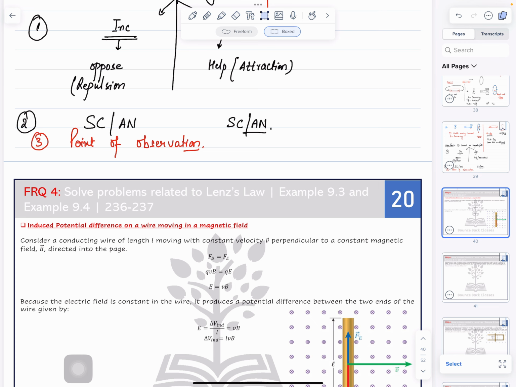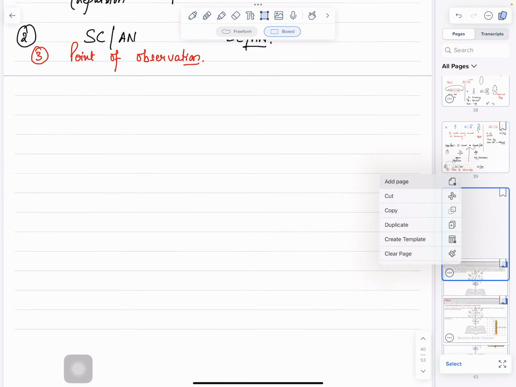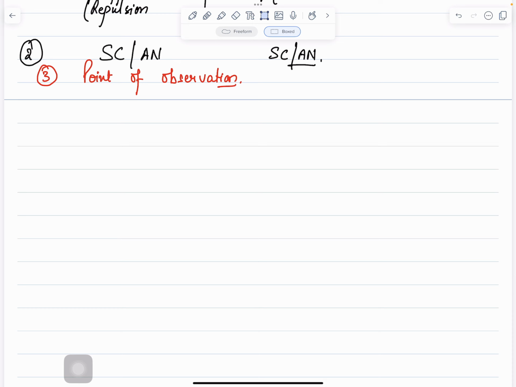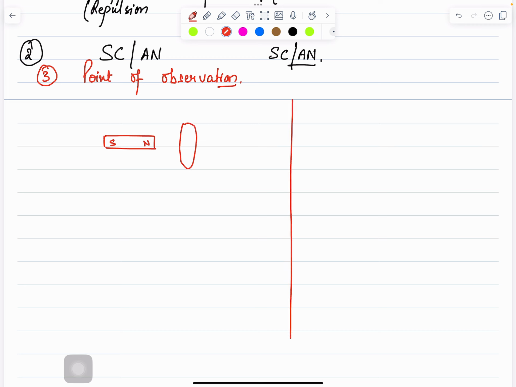Okay, next page. Okay, take one more example so that it should be clear for you. Point of observation. Let's say 4 examples. 1, south, north, and this is the picture. Take another example so that all the 4 examples will be clear to you.